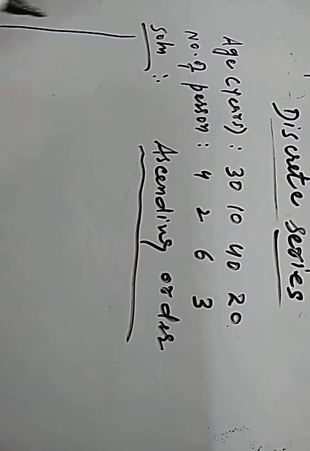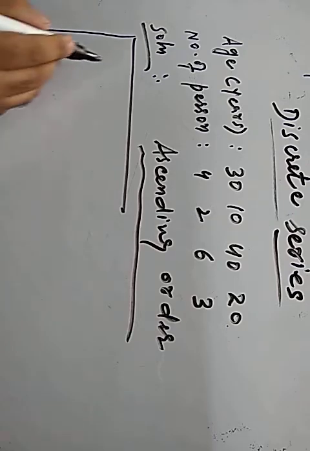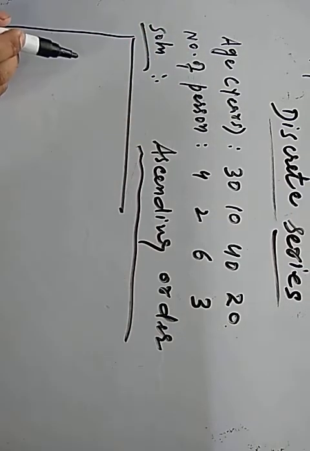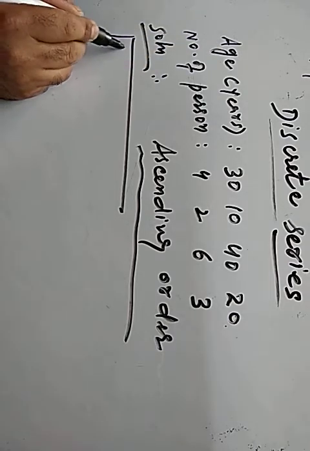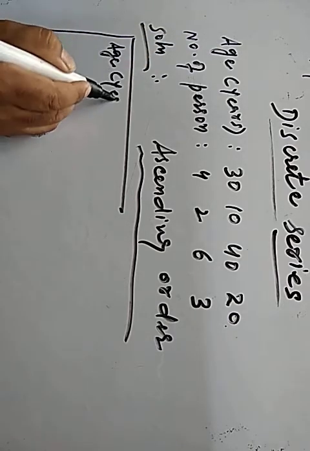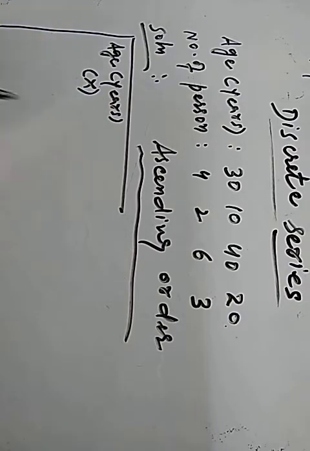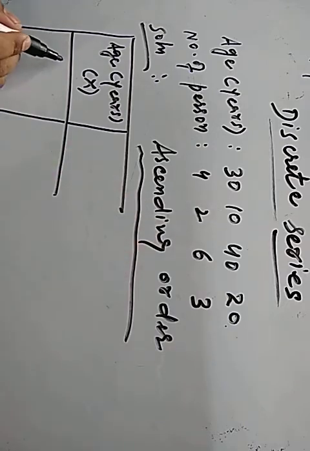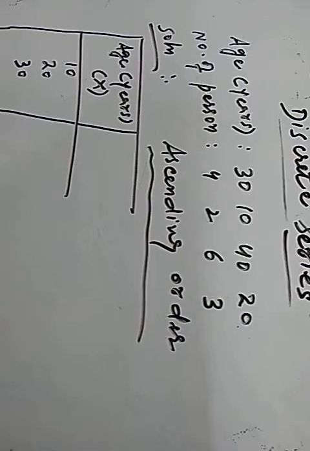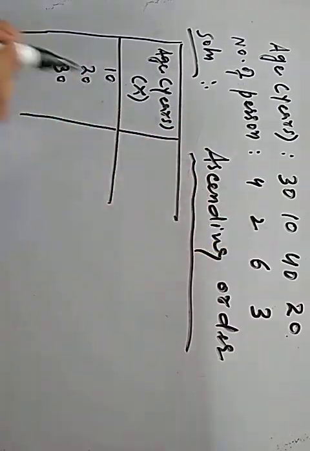In the first column, we will write the values of variable age, which can also be denoted by x, and its values in ascending order are 10, then 20, 30, and the last is 40, the highest age, equal to 40 years.